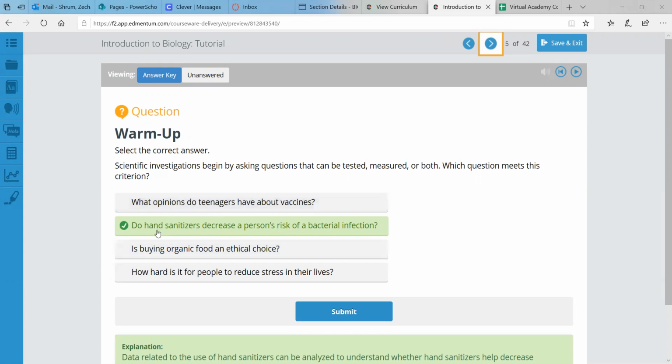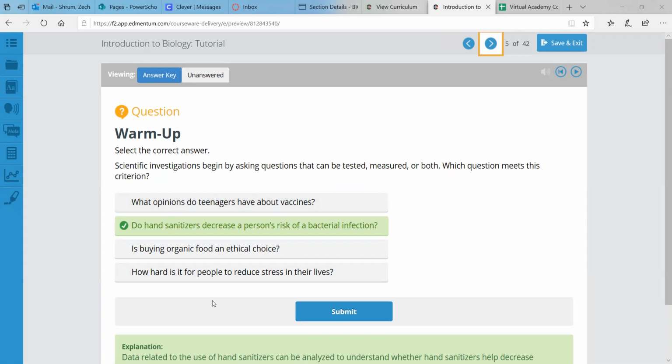Opinions, you can't really test those. Measure, no. Ethics, oh boy, that's a touchy subject right there. So you can't test it or measure it. How hard is it for people to reduce stress? You can't test that, because everyone has a very subjective view about opinions, ethics, and how hard it is for them to reduce their own stress in their lives.